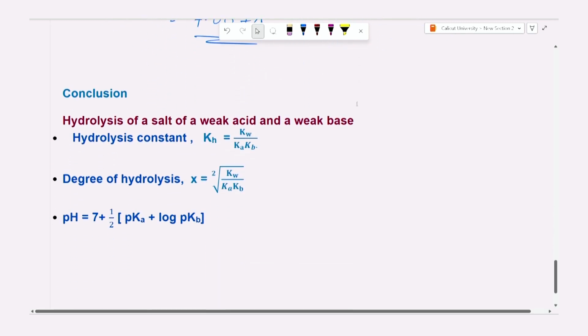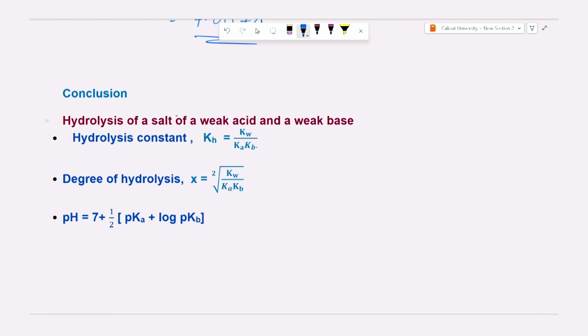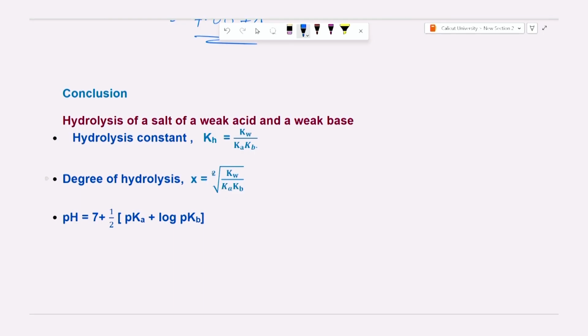Now, let us conclude. Here hydrolysis of a salt of a weak acid and a weak base is being considered, in which we have been determining the hydrolysis constant Kh is equal to Kw by Ka into Kb, and degree of hydrolysis is equal to x, which is equal to square root of Kw by Ka into Kb.